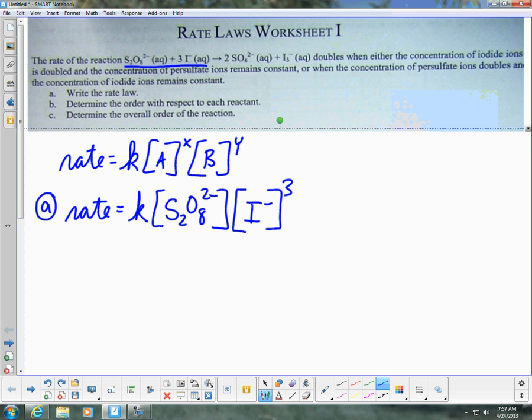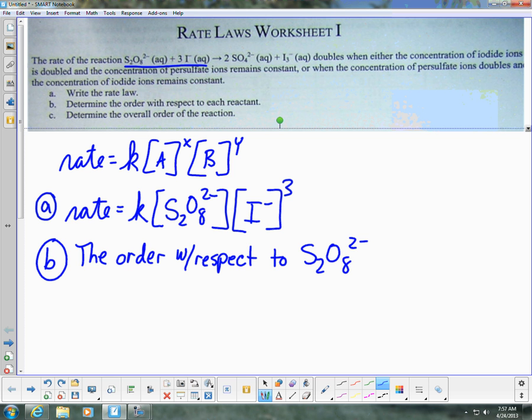The next thing is to determine the order with respect to each reactant. This is easy. The order with respect to S2O8 2- is whatever the coefficient is, which is 1.